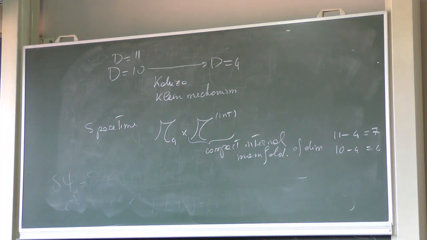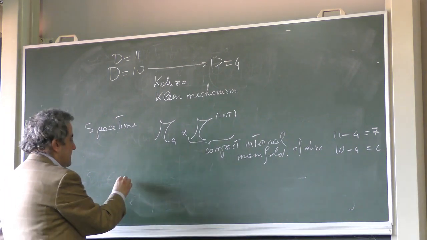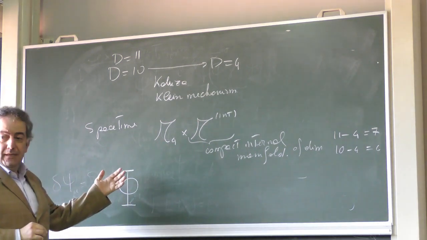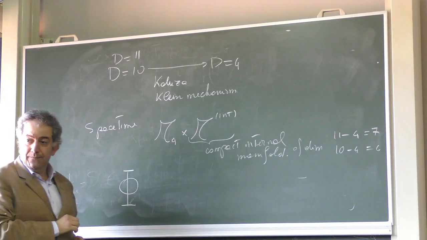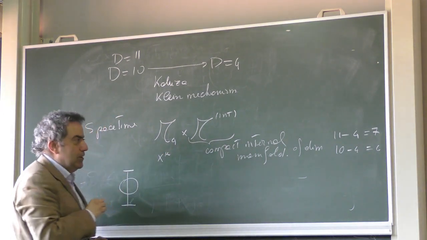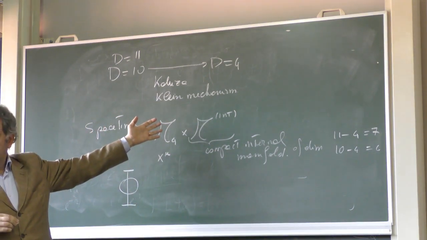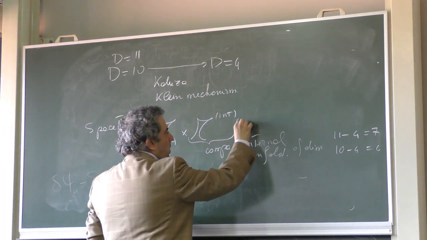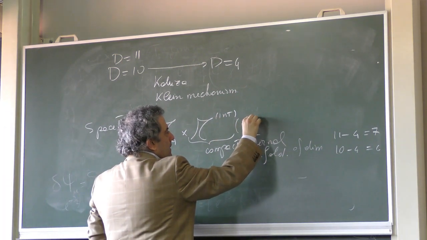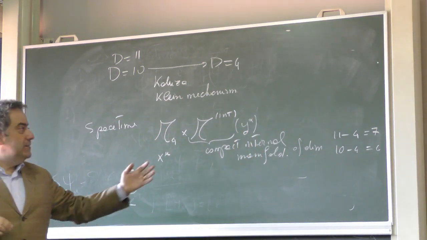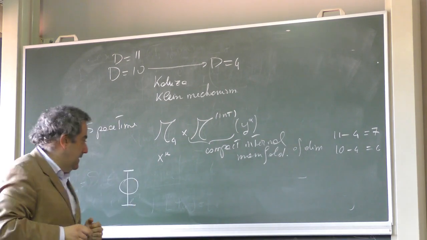So then what we do, the reduction is effected by taking a generic field in 10 or 11 dimensions. Let me denote by x mu the coordinates of the four-dimensional non-compact space-time, and by y alpha the internal coordinates, the coordinates of this internal manifold.